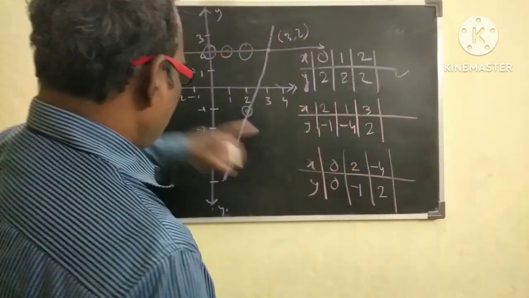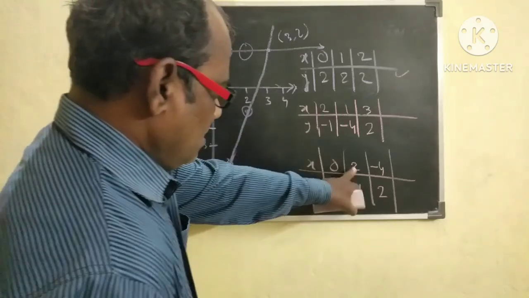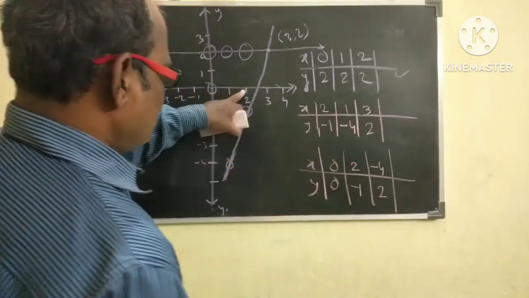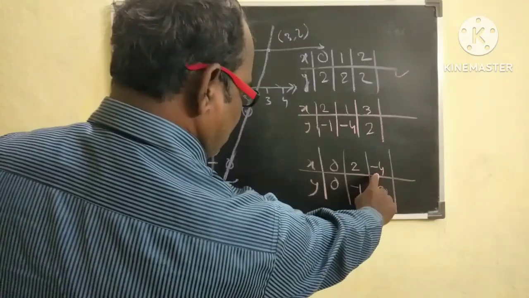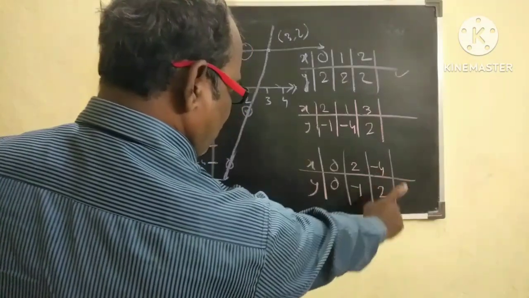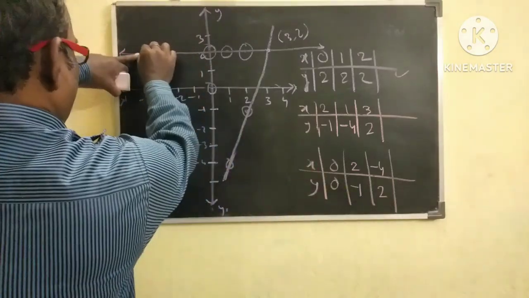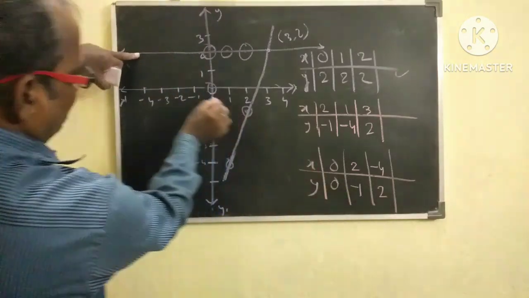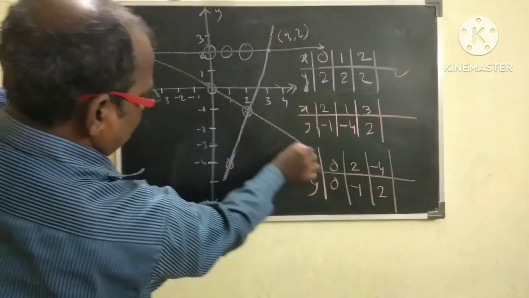Next, x is 0, y is 0 is this point. X is 2, y equals to minus 1, so again this point, and x is minus 4, y is 2, somewhere here the point will be. So if we join, it becomes like this.